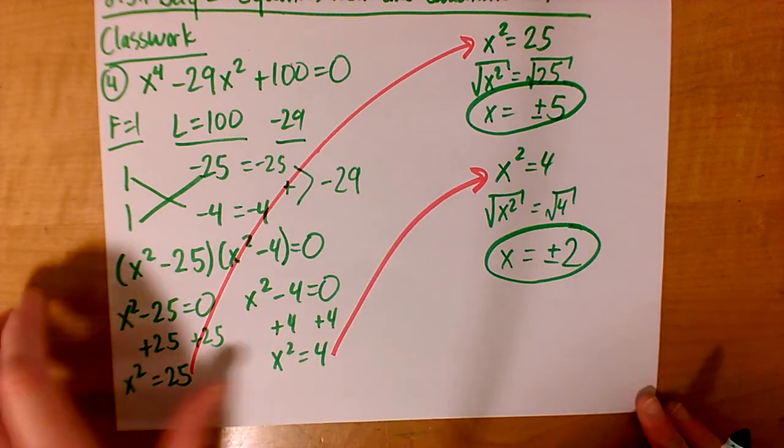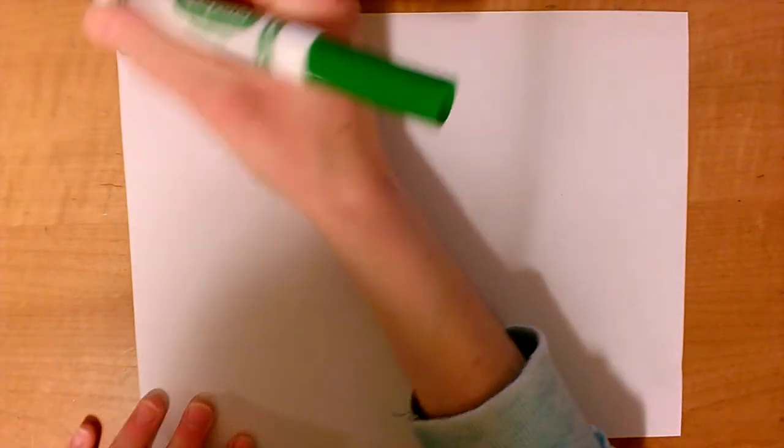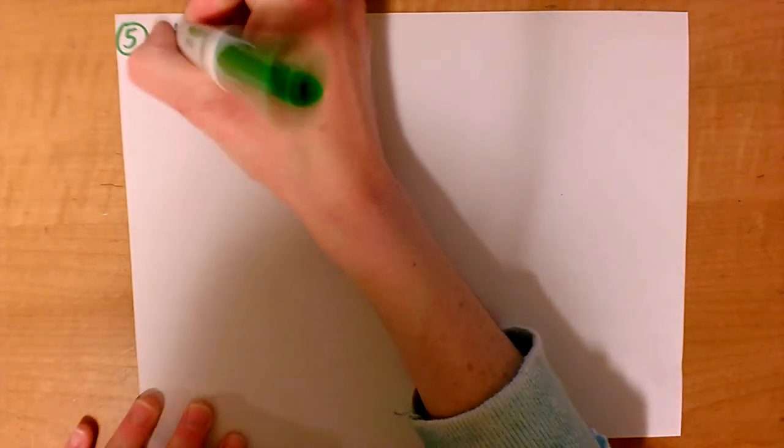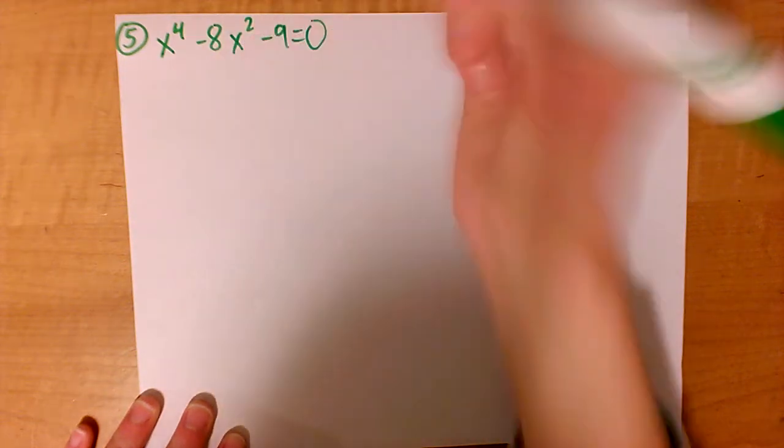Alright, so moving on to number 5. So for number 5, we're going to have x to the 4th minus 8x squared minus 9 is 0.